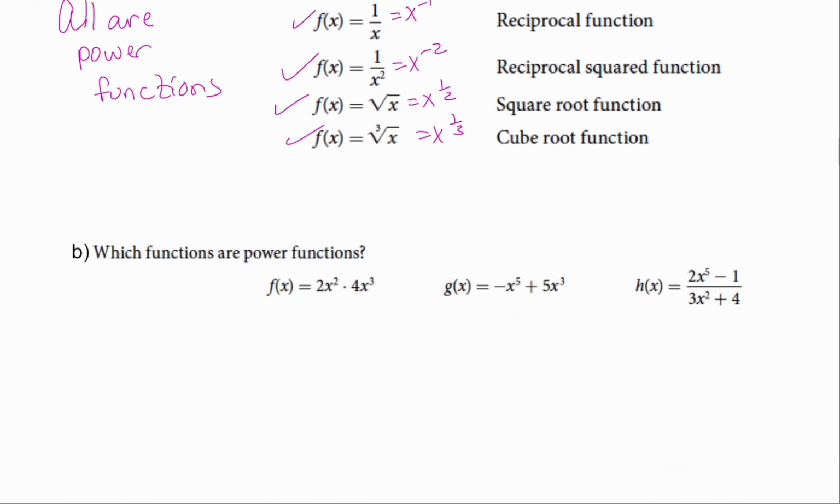So let's take a look at these three here. It says, which of these are power functions? Well, we could combine those because of multiplication. That is x to the 5th. That's a power function. But here are two separate terms, not a power function.